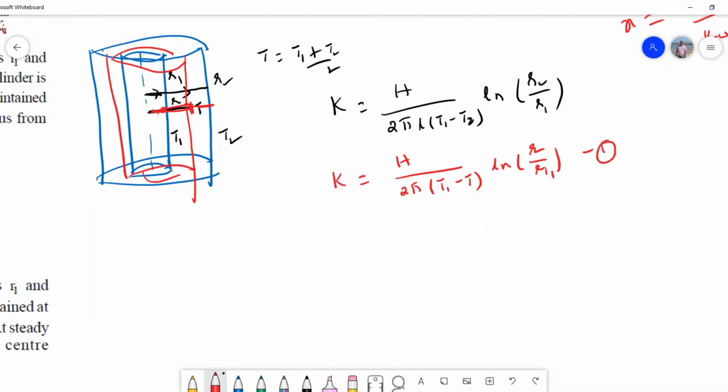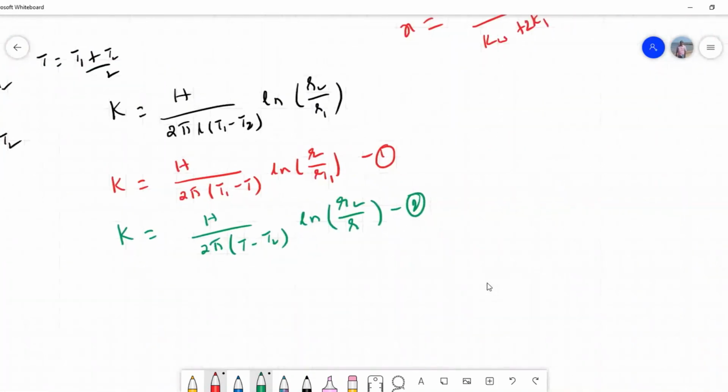So let's call this equation 1. Similarly, find out for these two, H upon 2 pi, now here (T minus T2) upon ln of outer radius R2 by inner radius R. So this is equation 2. Again, we need to equate them.